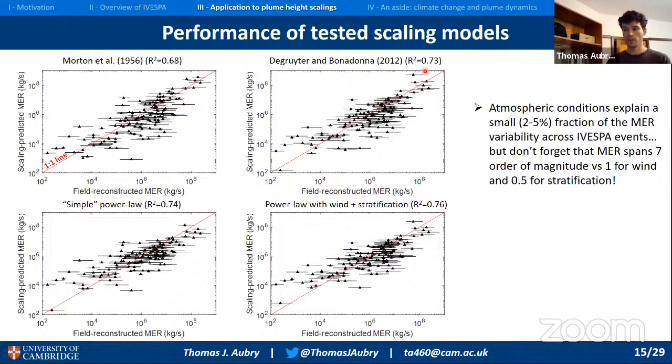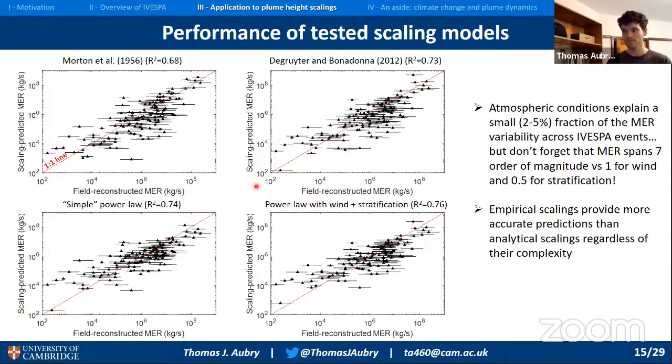And then if you look at the difference in R-square value, for example, between these 2 scalings, you can see that atmospheric condition may explain up to 5% of the variability in the mass eruption rate, which is a very small fraction, but don't forget that the mass eruption rate varies over 7 orders of magnitude, whereas wind and stratification vary by a factor of 2 to 10 at most, 10 for the wind and 2 for stratification.